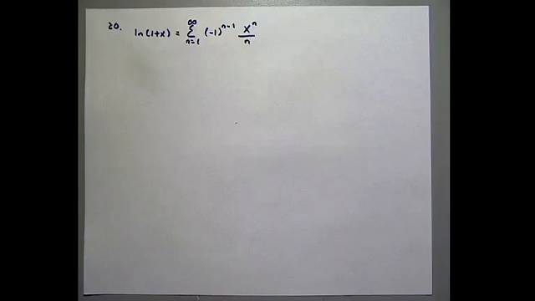Okay, so that's given. We would like to find the smallest number of terms of the series that one needs to add to compute natural log of 1.1 with an error less than or equal to 10 to the minus 8.